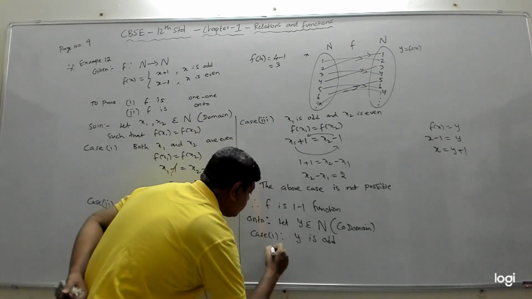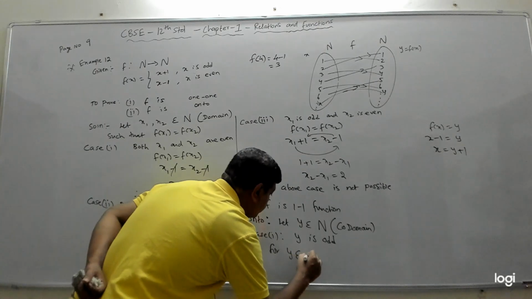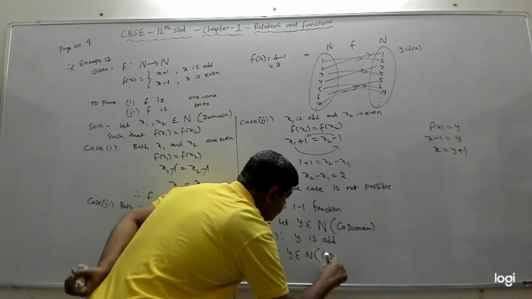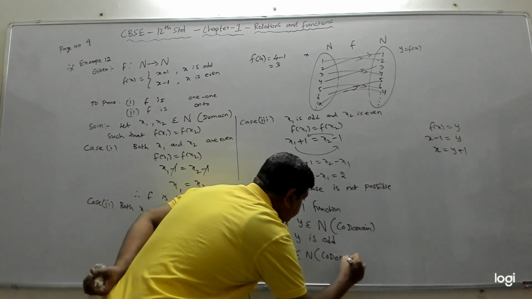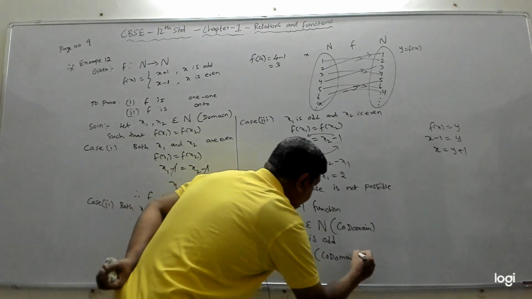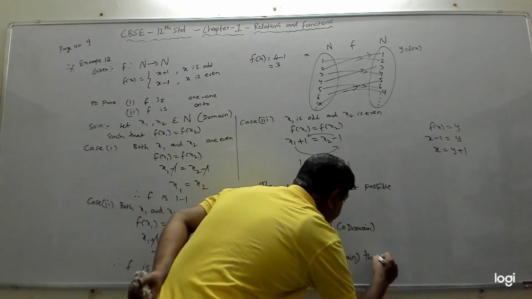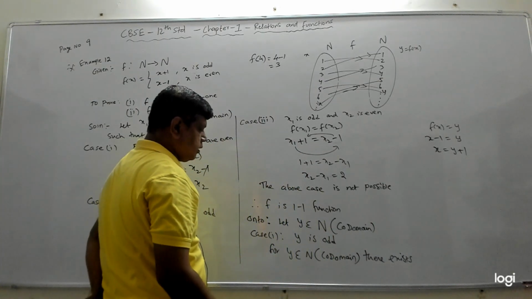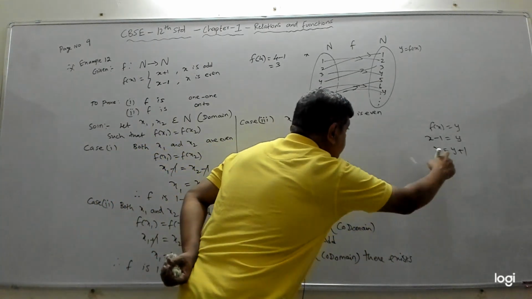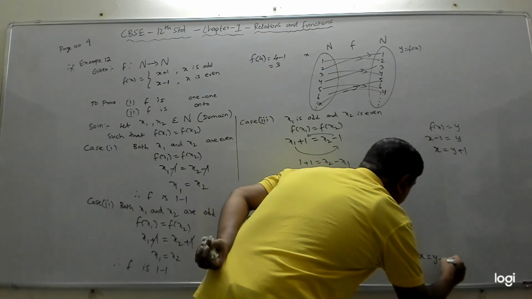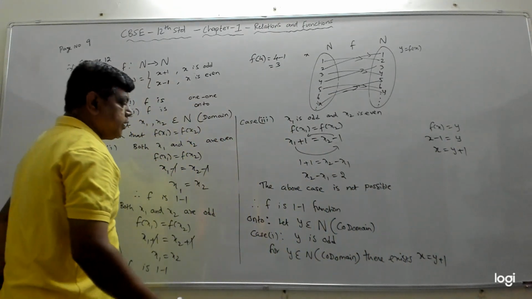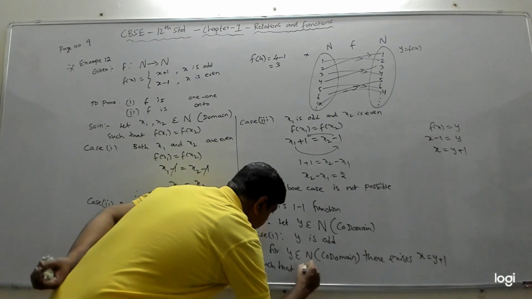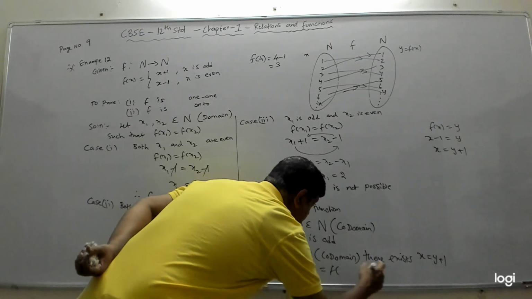If y is odd, then for y belonging to N, which is the codomain, I'm writing this statement again: for y belonging to N, codomain, there exists x equal to y plus 1 such that f of x is equal to f of y plus 1.